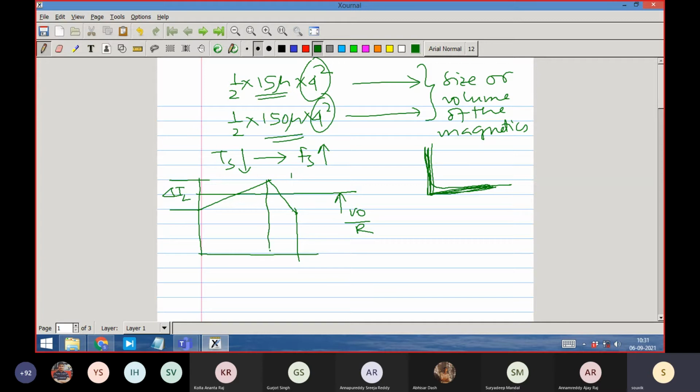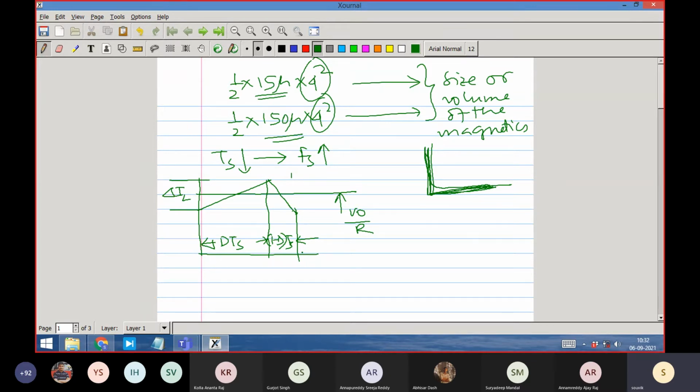This is DTS, and this is 1 minus DTS, that is the off period, right? And we have to find out what the capacitor voltage is. So we will do it this way.